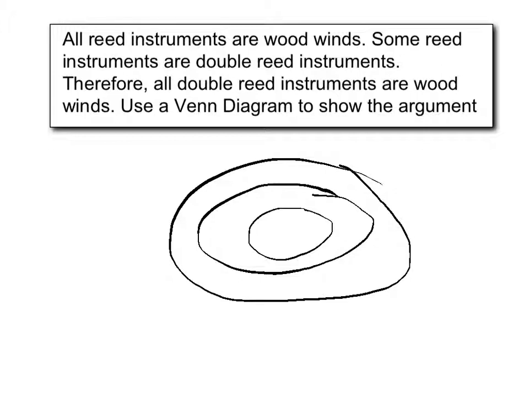Now we label the circles. The outermost circle would be labeled woodwinds because it represents woodwinds. The first circle inside woodwinds would be labeled reed instruments because it represents reed instruments.